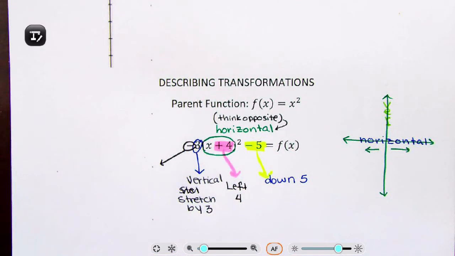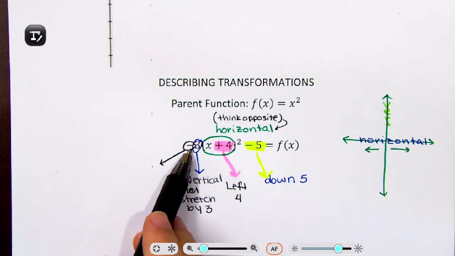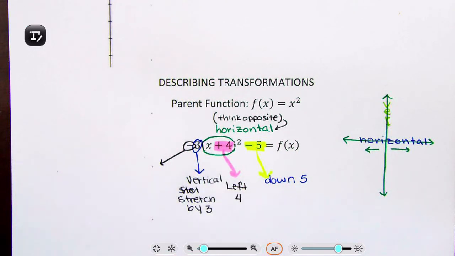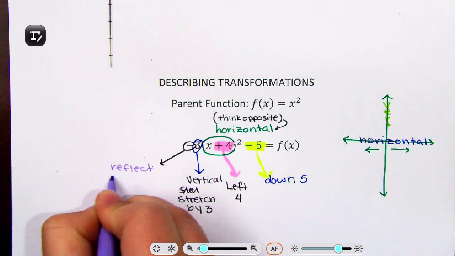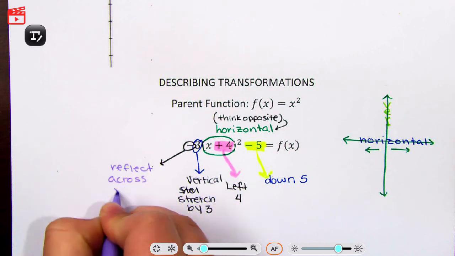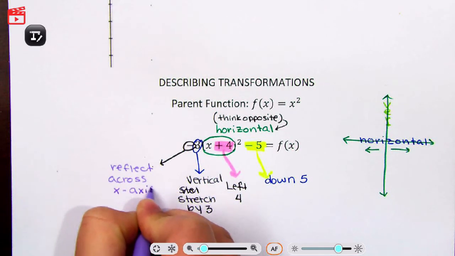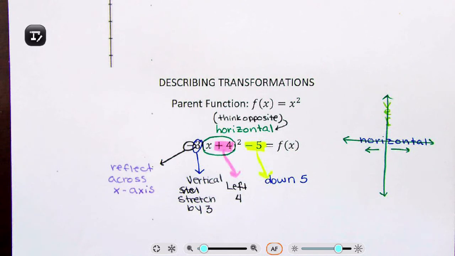Again, you have to write by what? You can't just say stretch. You need to tell me how much you're stretching. And this negative out in front tells me you have a reflection across the x-axis. So each little piece of the equation tells you to do something.